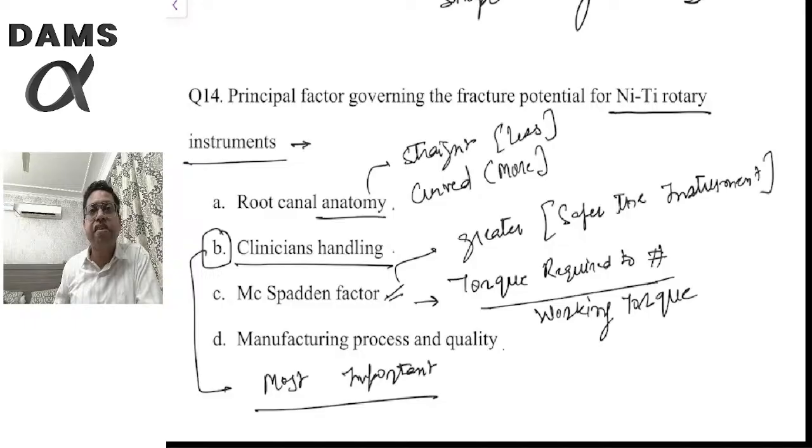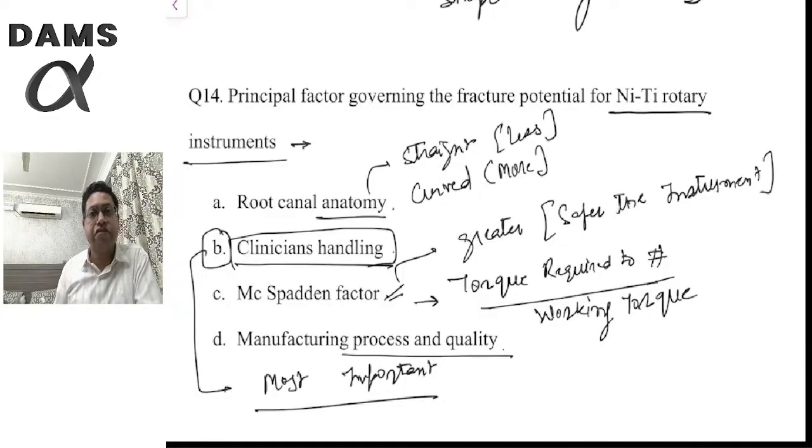An inexperienced clinician, no matter how good the Max-Padden factor or the manufacturing quality or process of the instrument, would likely fracture an instrument if the person using it is not experienced. So clinician's handling is the most important factor.